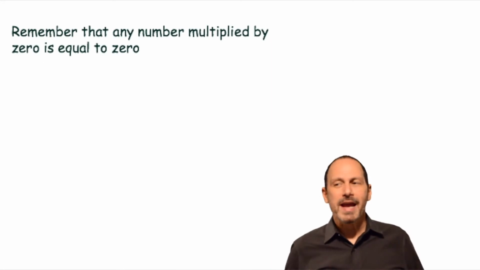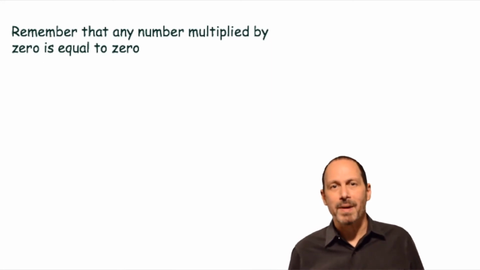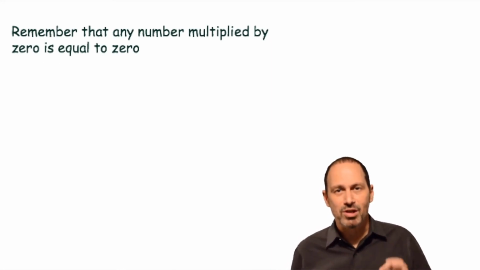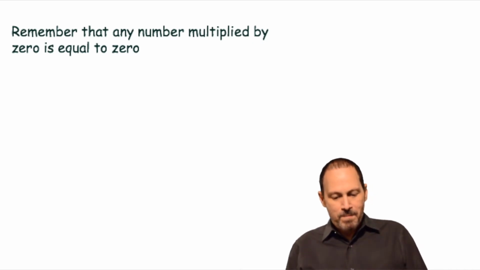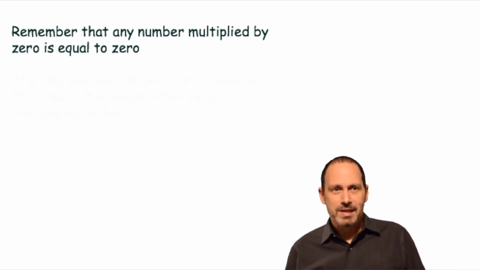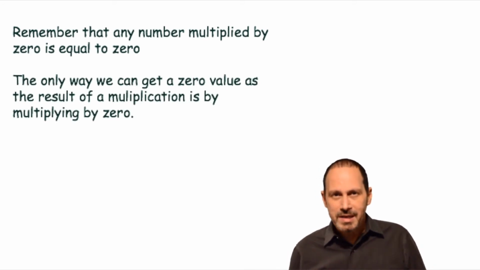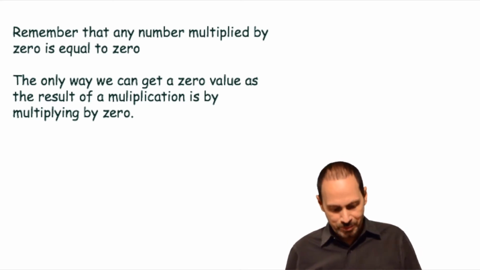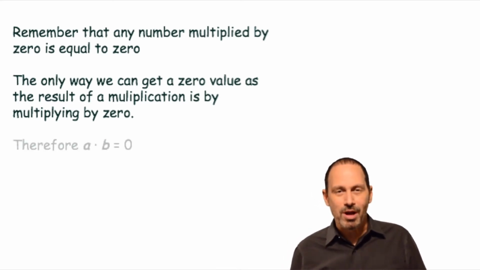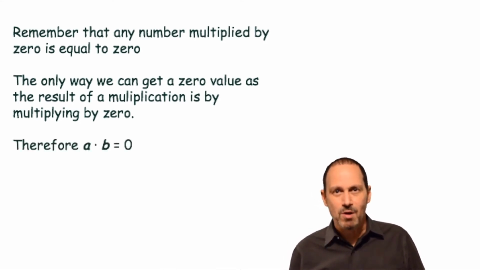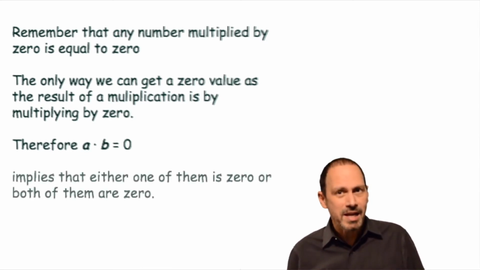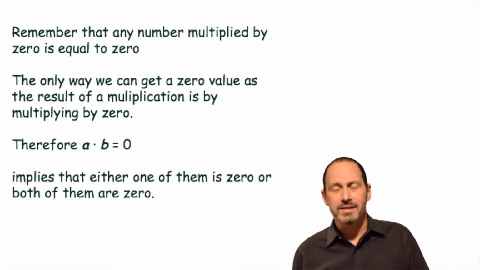Now, remember that any number multiplied by 0 equals 0. So the only way to get 0 as a result of a multiplication is by multiplying by 0. Therefore, if a times b equals 0, we can infer that either a is 0, b is 0, or they're both 0.